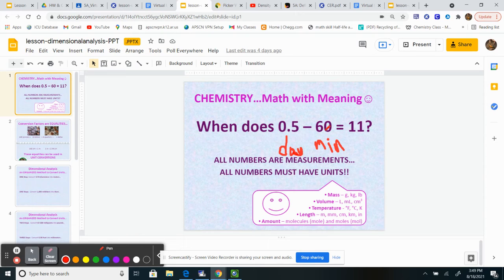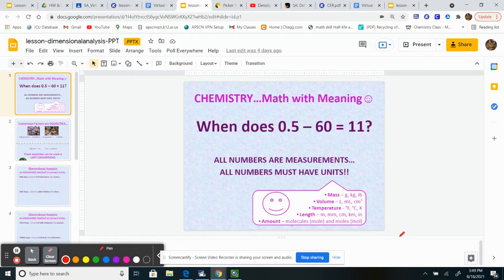So half a day minus 60 minutes would equal 11 hours. So HOUR. And please forgive me, I'm trying to write this using a touchpad. So a half a day minus 60 minutes equals 11 hours.